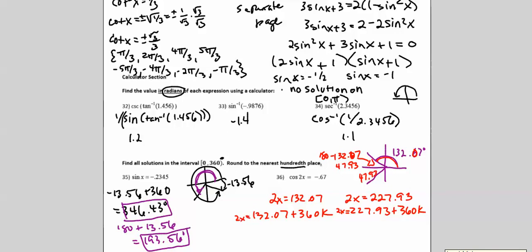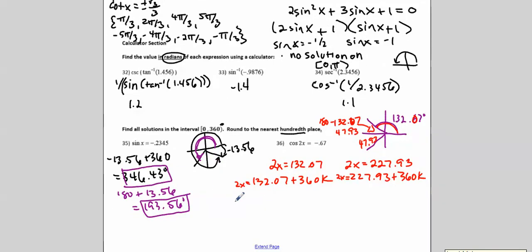So then, divide by 2, and we get x equals 66.035, which rounds to 66.04, plus 180k. And x equals 113.97 plus 180k.